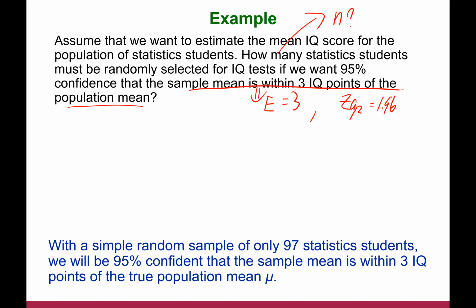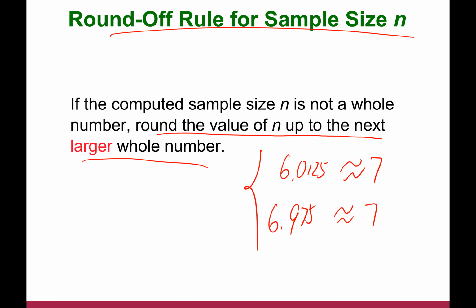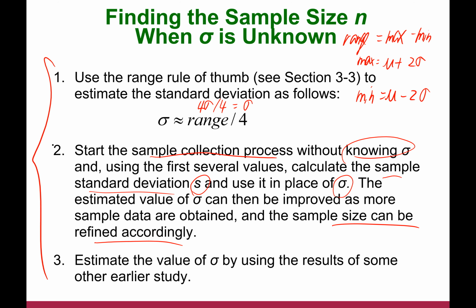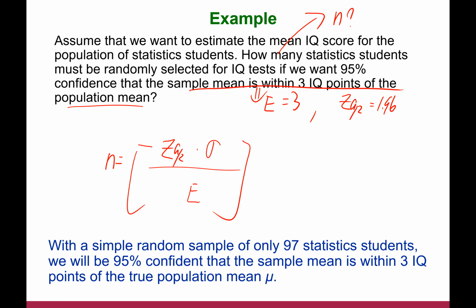So according to the formula for estimating sample size, n equals [z alpha over 2 times sigma over margin of error] squared.